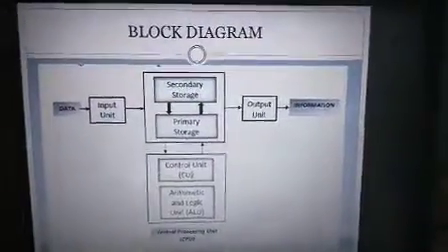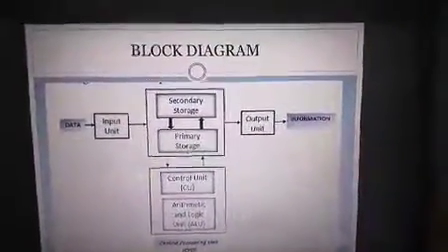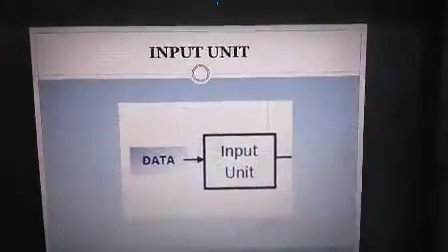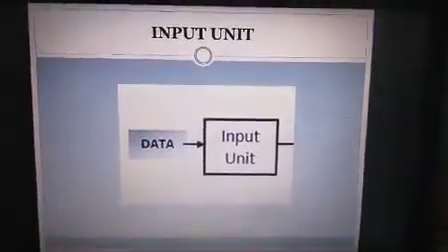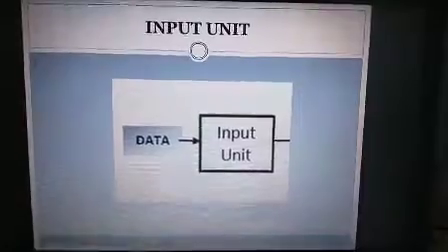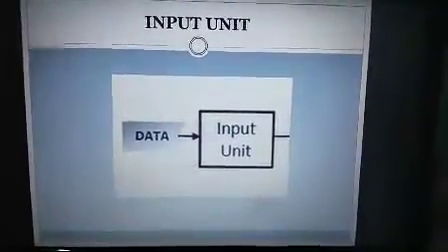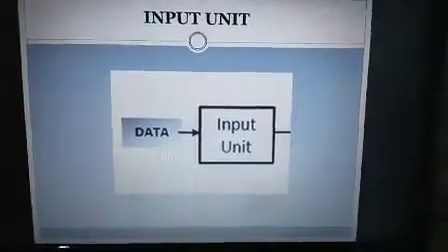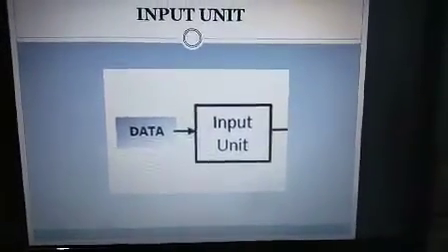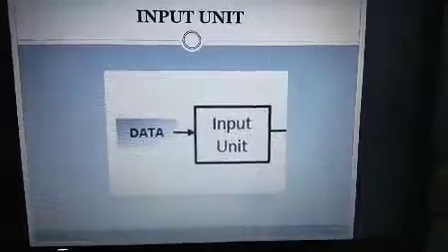Now coming to the input part. In the input unit, the data is fed in, that is the raw facts. Data means raw facts. It does not have any particular meaning.